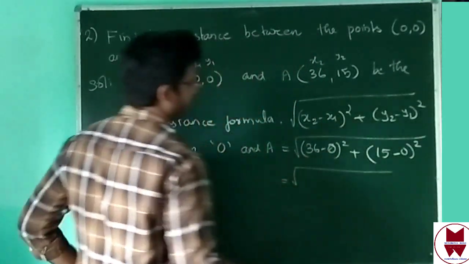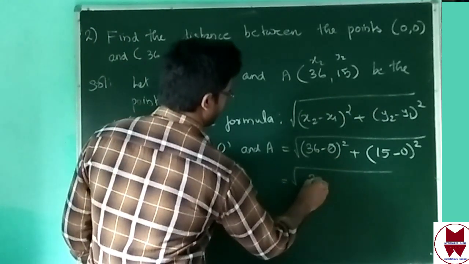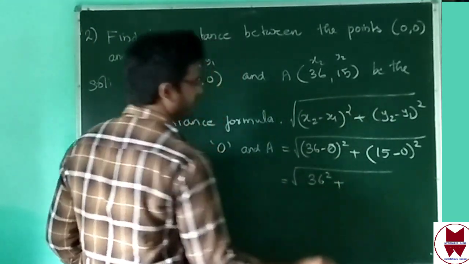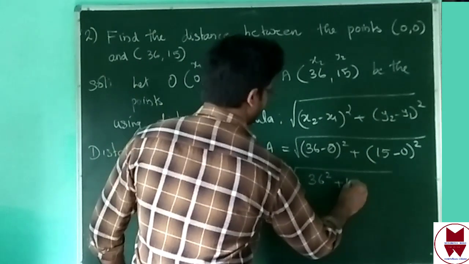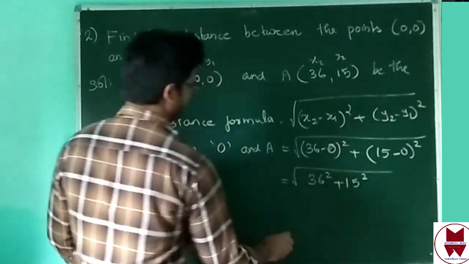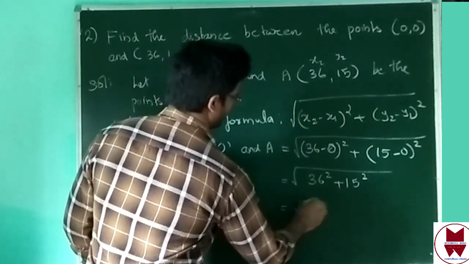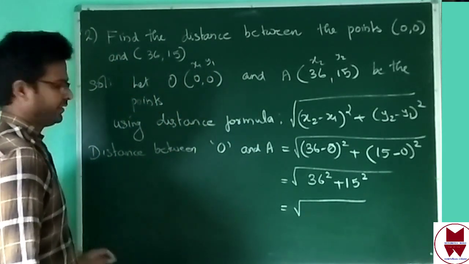Square root of 36 minus 0, we can write 36 square plus 15 minus 0, 15. Square root of 36 square.